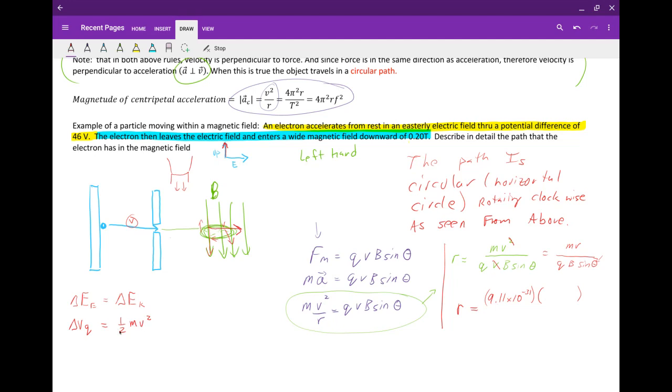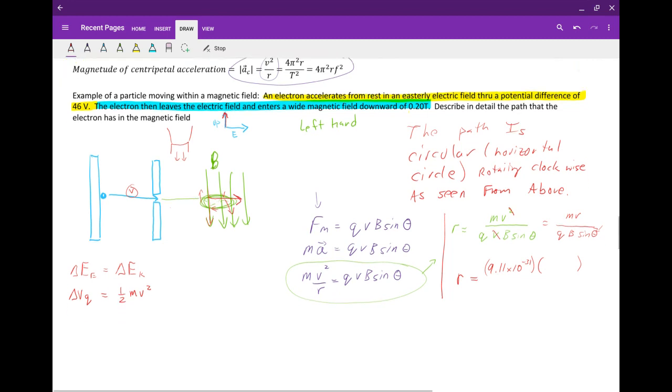So I'm going to have to solve for velocity quickly. I'm going to do 2 delta V Q over m equals v squared, and I'm going to have to square root that. That's from the static electricity, electrostatics and electric field section.